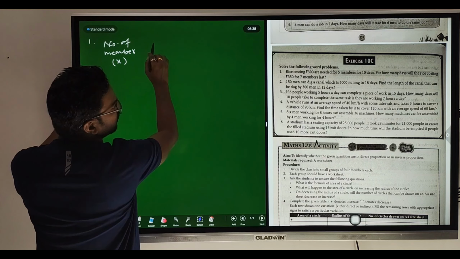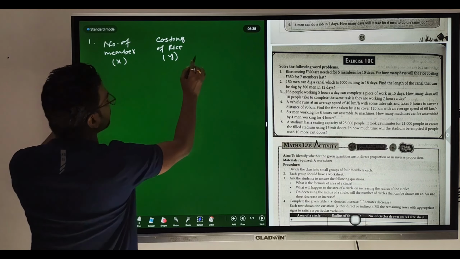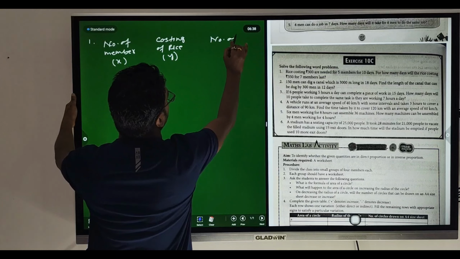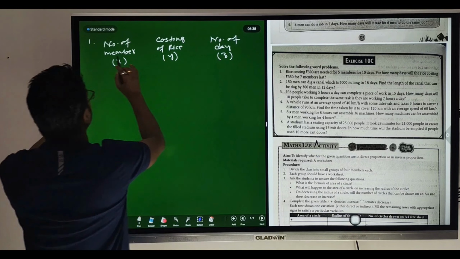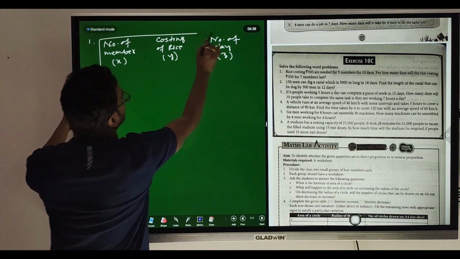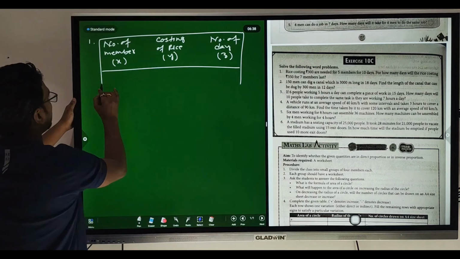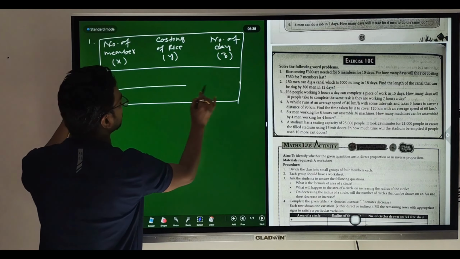Next is the costing of rice, which we take as y, and the number of days we take as z. We always write the directly proportional quantity in the first place and the inversely proportional one in the second place.